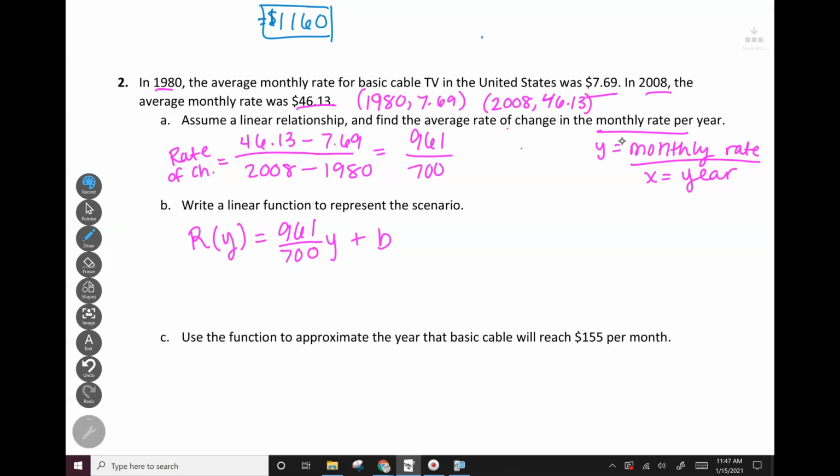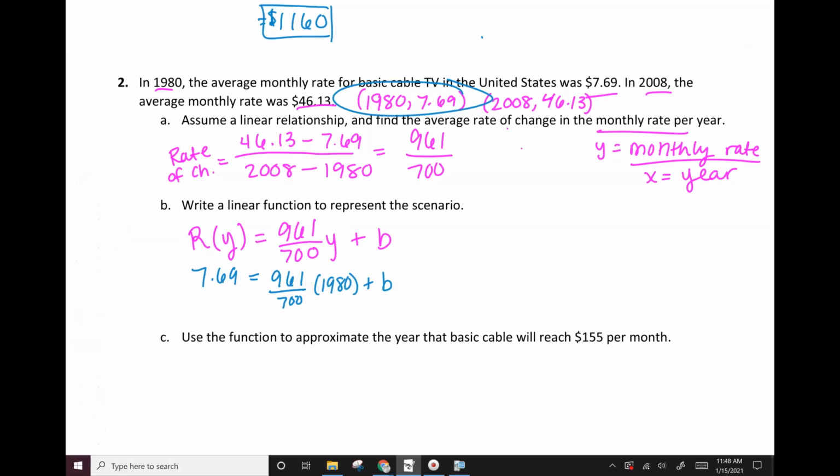So we're going to plug in a point just like we did earlier. Let's plug in this point here. So the rate was $7.69, and then I'm going to plug in 1980 for the year. And I know the b value here is not applicable, because b represents the y-intercept, and that is when the year was 0.